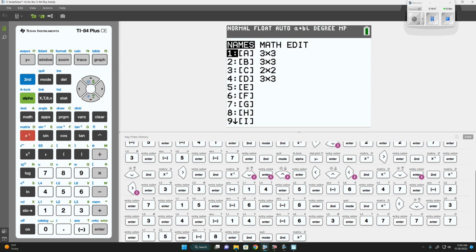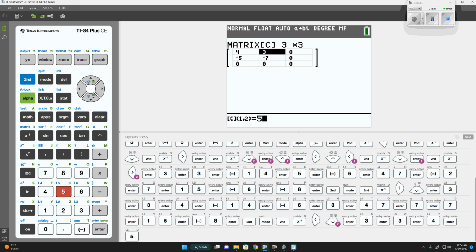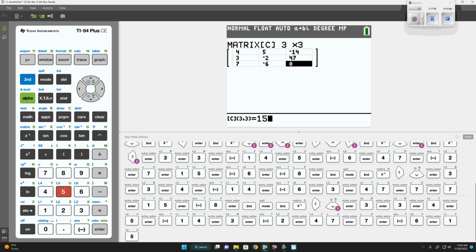Second quit, second matrix. Now we're going to edit matrix C, which will be the numerator for the solution for z, which again is a 3 by 3. So we'd have 4, 5, -14, 3, -2, 47, 7, -6, 15.